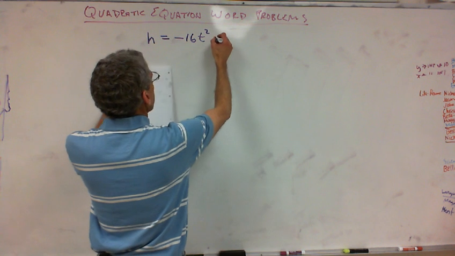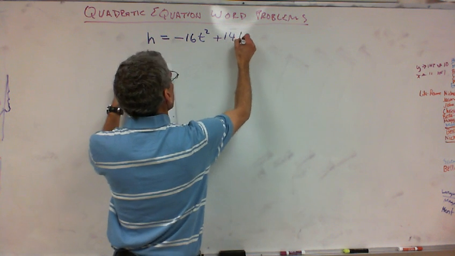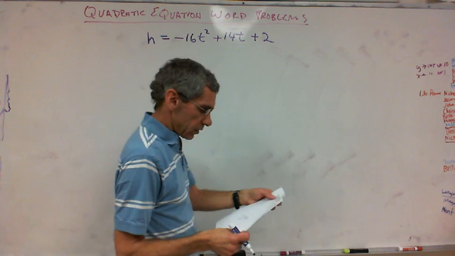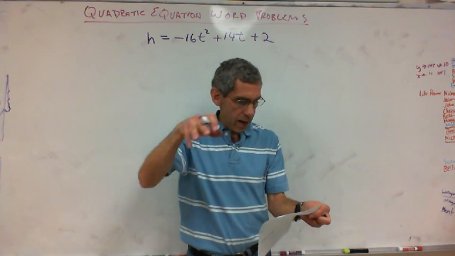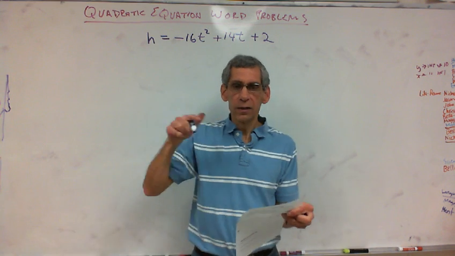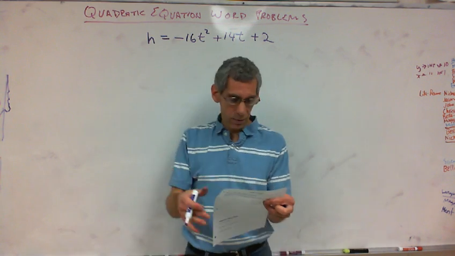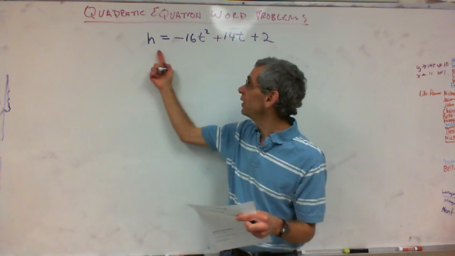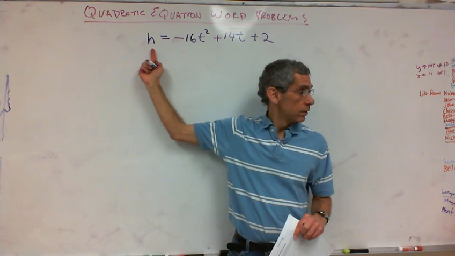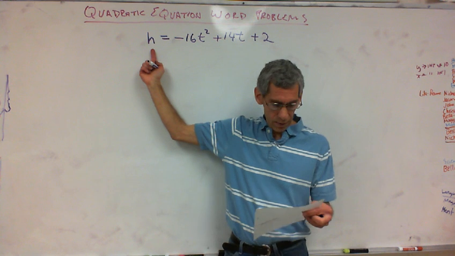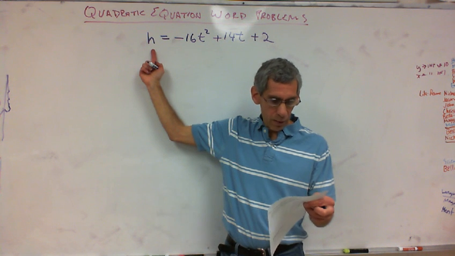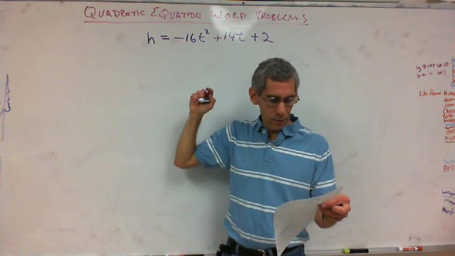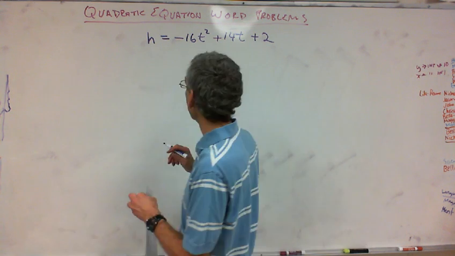Here's our formula again that you guys all know by heart. It's going to be a parabola where h is the height in feet at any given moment, above the ground, and t is the time in seconds. Find the time it takes the beanbag to reach the ground.